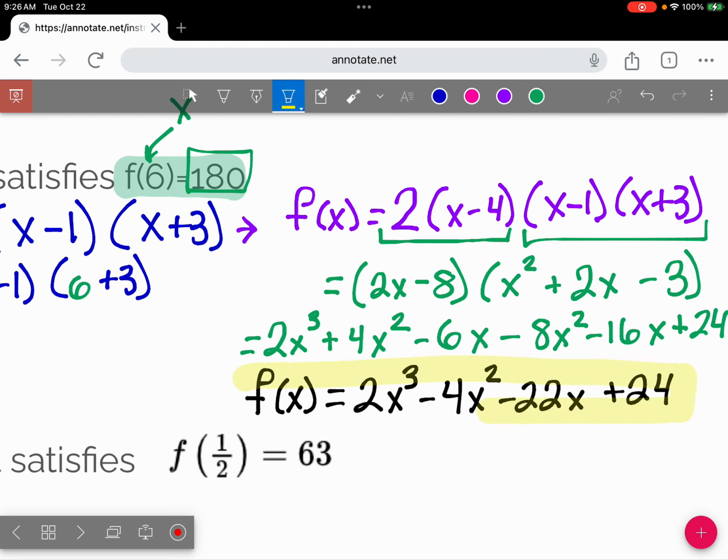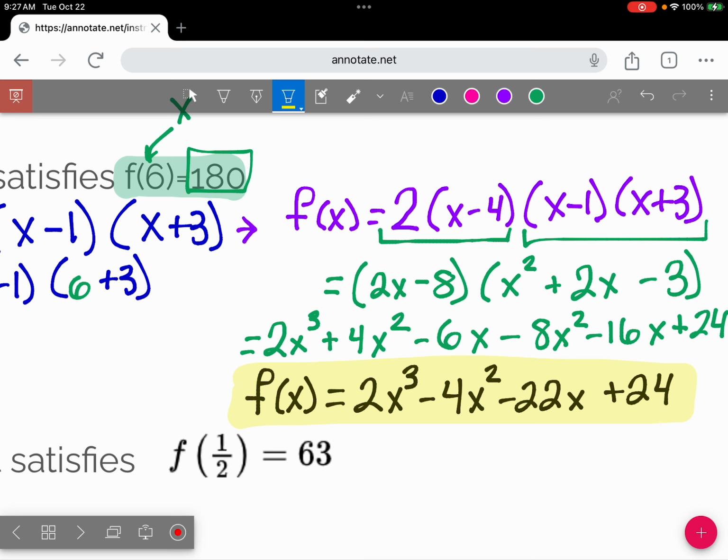This is our answer. So just from the list of roots and 1 point, I got all the way to a standard form equation. A specific equation.